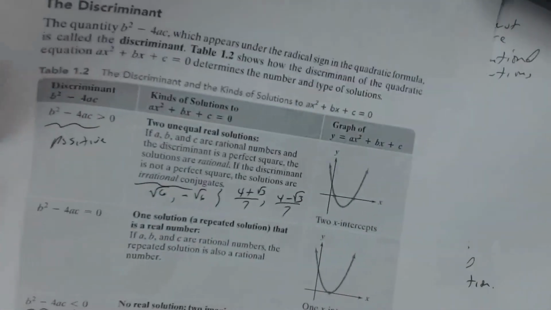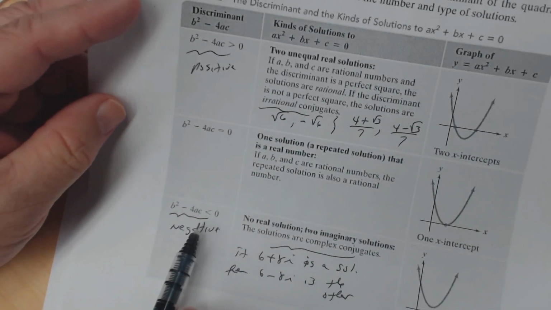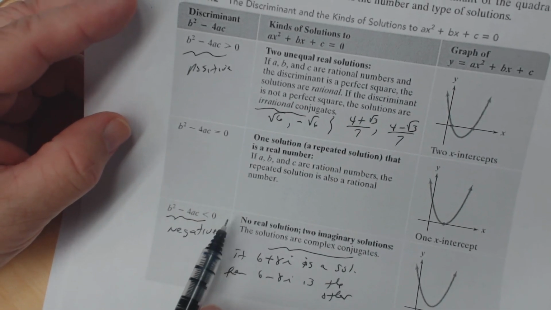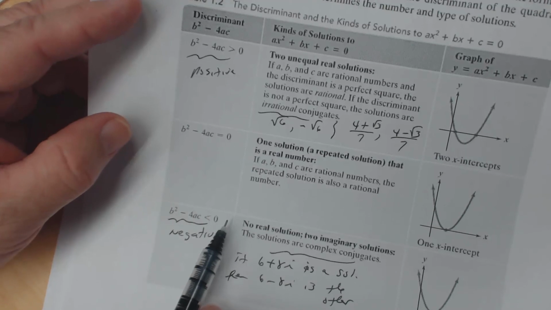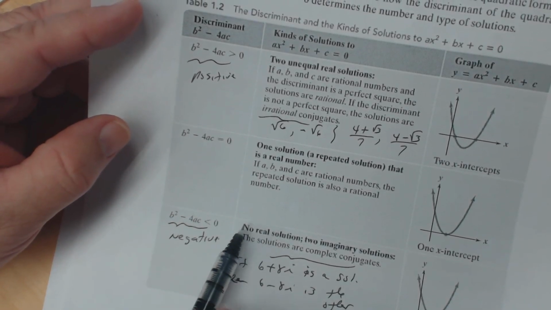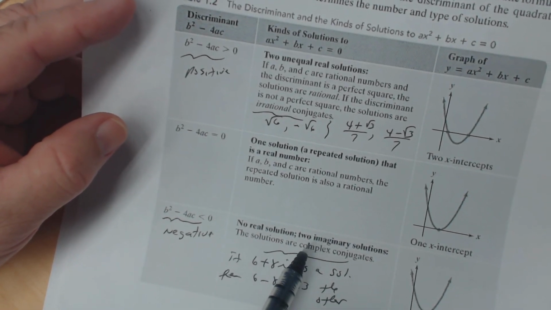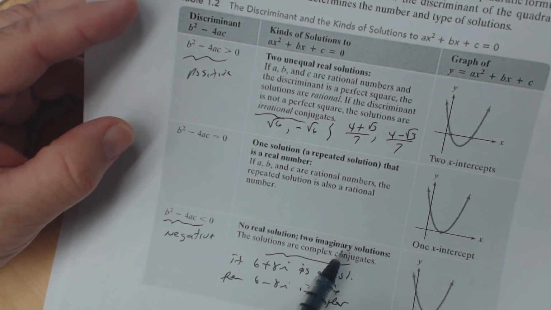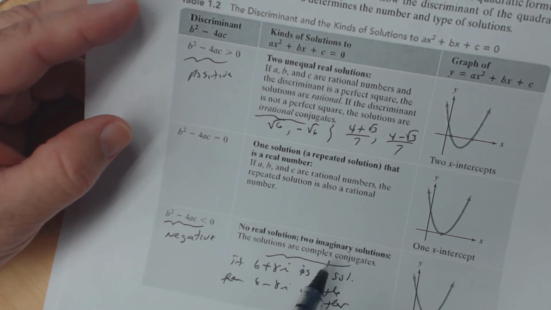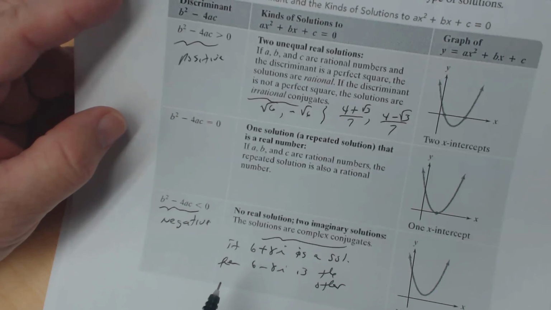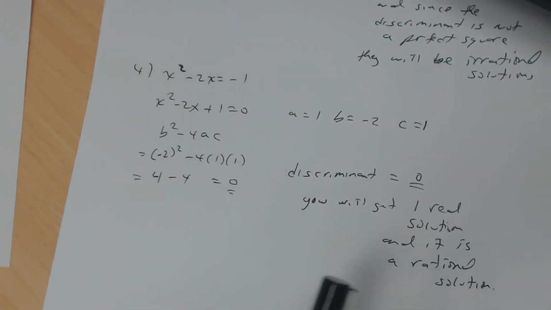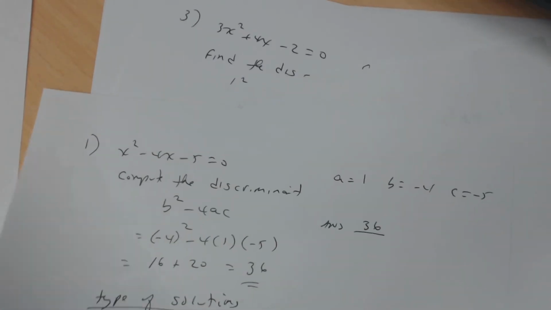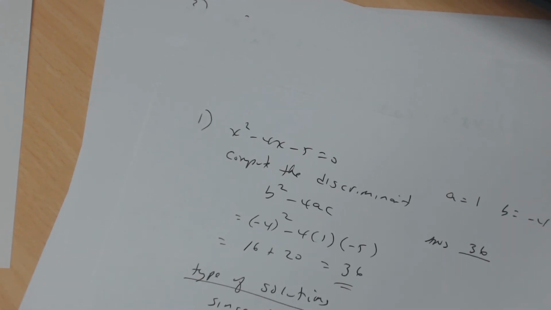If the discriminant is negative, we can't take the square root of a negative number, so it's not going to be real, it's going to be imaginary. So no real solutions. In fact, they're going to be 2 imaginary solutions, and they're complex conjugates of each other. All right, so that takes care of part 5 on the discriminant.